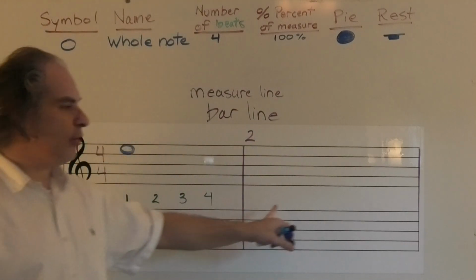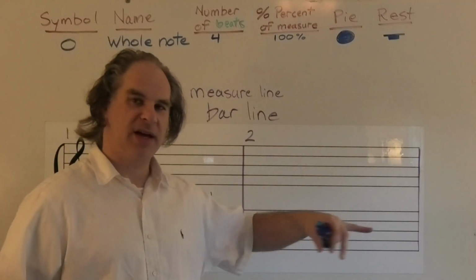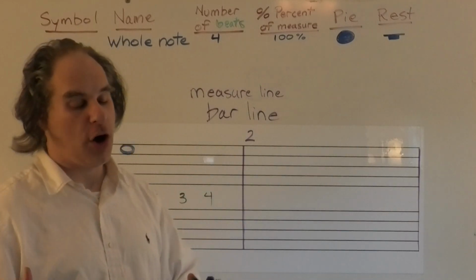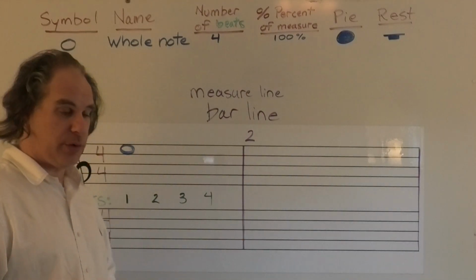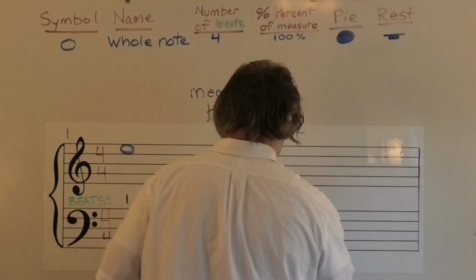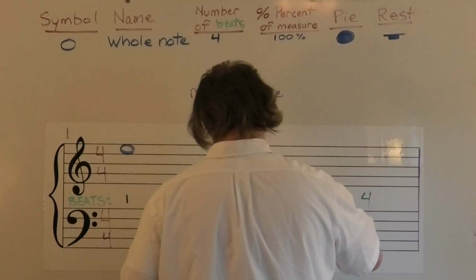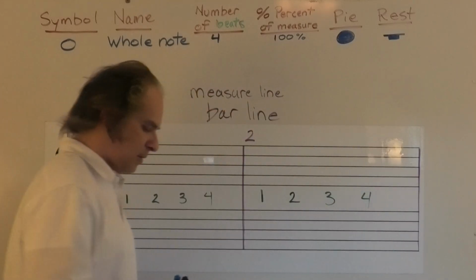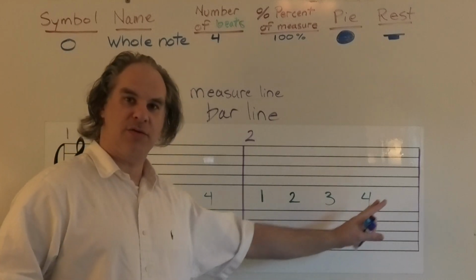I'm going to draw a whole note over here, but I'm going to draw the whole note in such a way so that you can see how long we hold the note, all 4 beats. 1, 2, 3, 4. These are the beats for the measure.